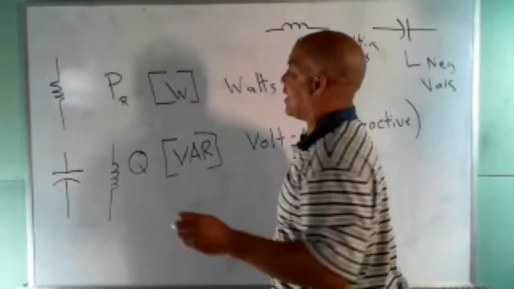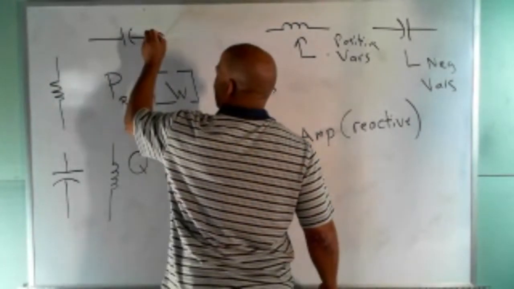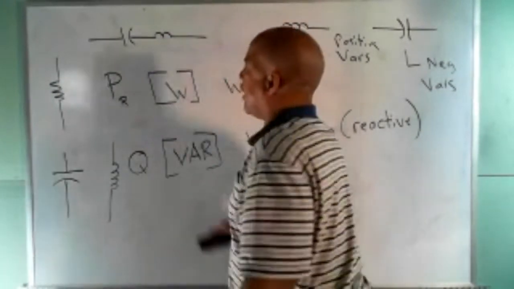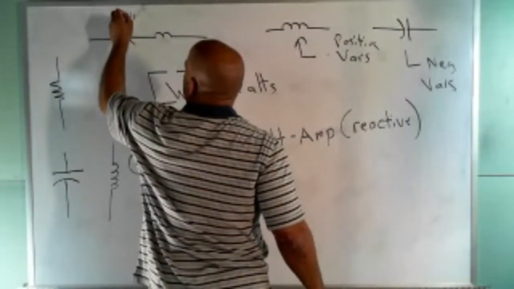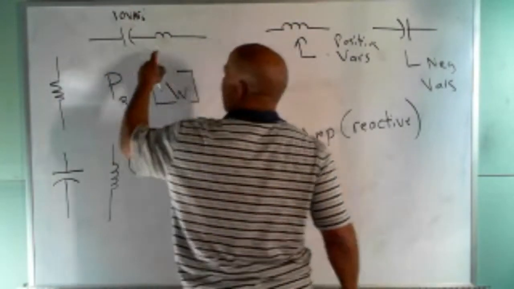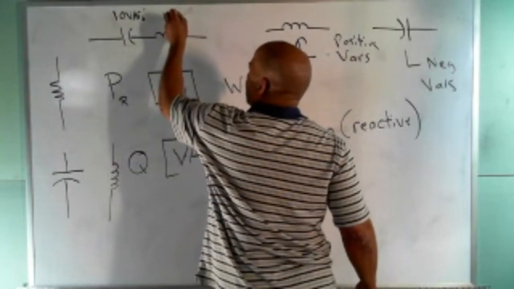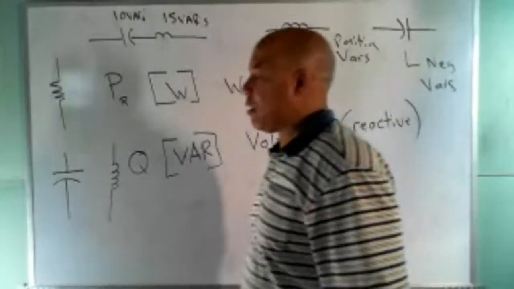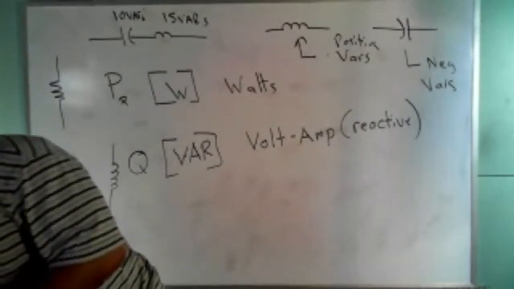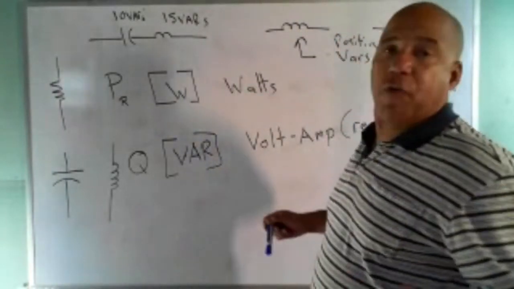That's important because if I have a capacitor and an inductor, and I tell you the power here was 10 VARs and the power here was 15 VARs, and I ask for the total reactive power, you have to look at both elements as one unit, because they're both reactive.